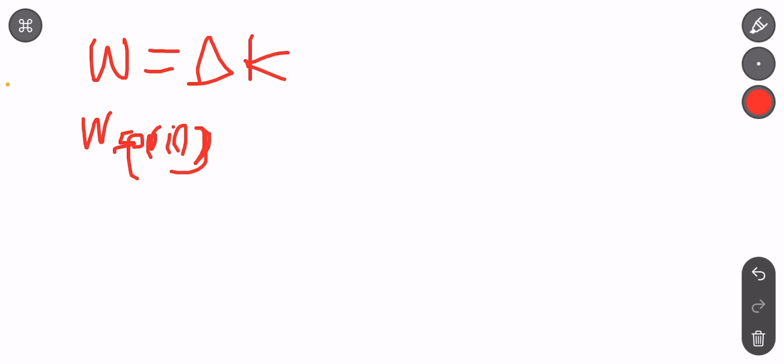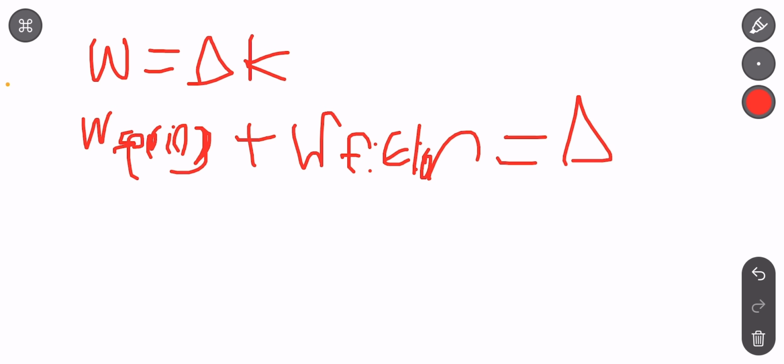Delta K, right? So this is the net work. So what we gotta recognize is the work on the spring and then the friction. So we would determine delta K. Okay? So this is essentially what we're gonna be basing our work around.